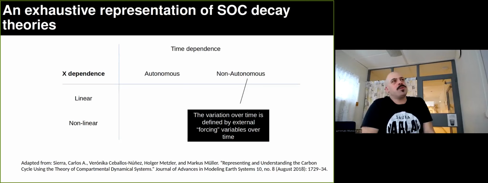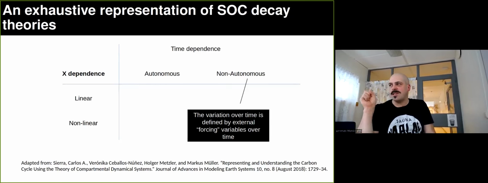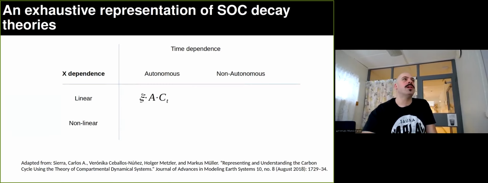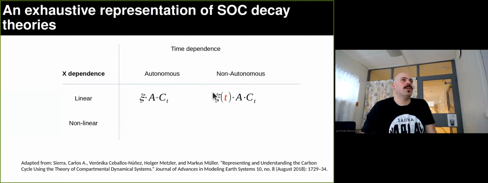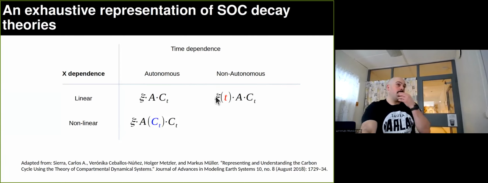I have temperature and moisture that usually vary. An autonomous model is for a lab experiment, where I can say temperature and moisture are constant and I have just this single pulse. But mostly I will have to deal with non-autonomous models, where I have something that varies externally to the model. And then this nonlinearity, which I talked about.